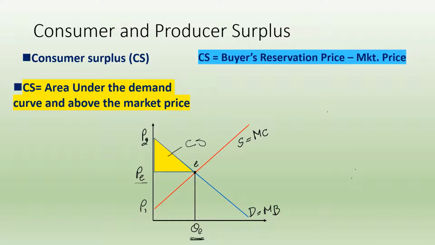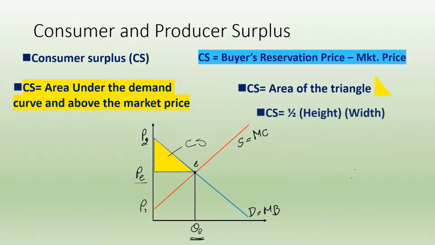So the area of this triangle will give you the consumer surplus, and you know the formula for the right angle triangle: area is half into height into the width of that right angle triangle.